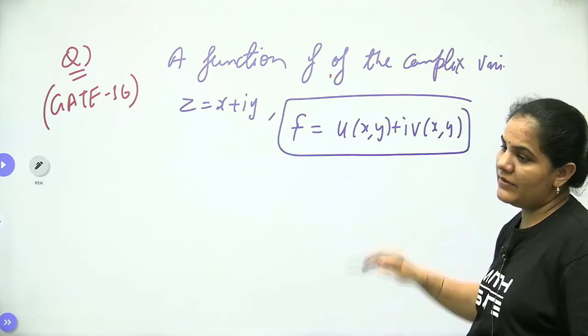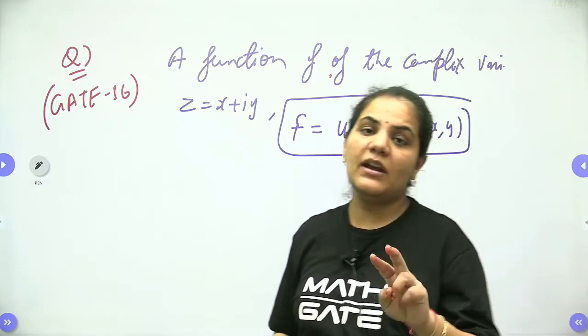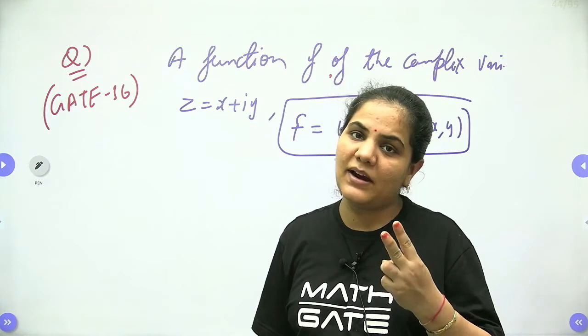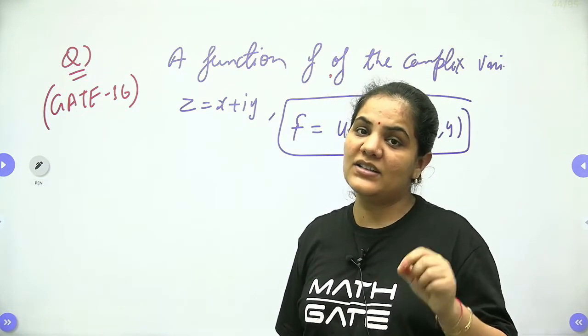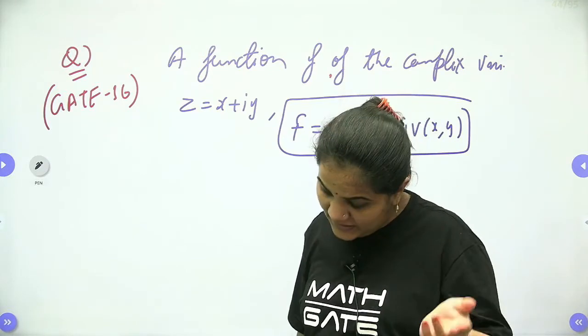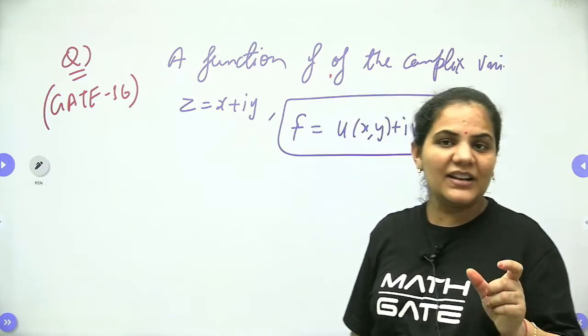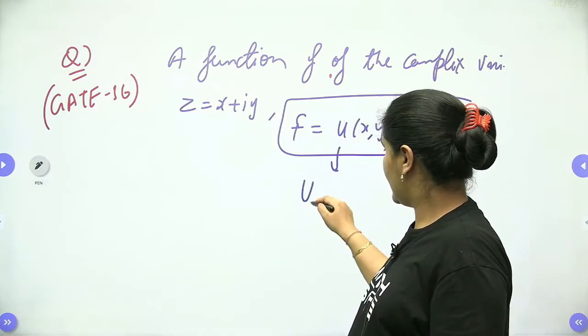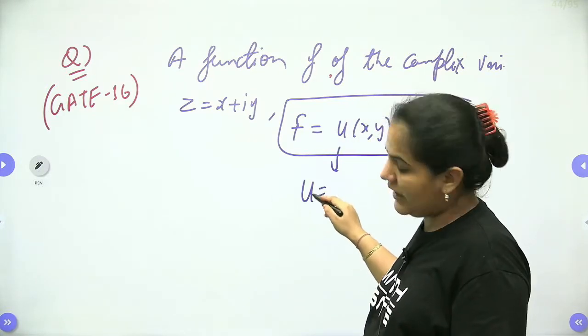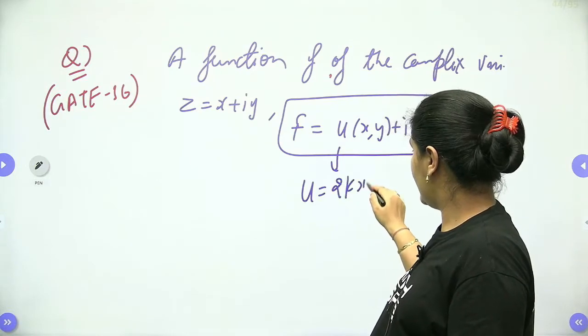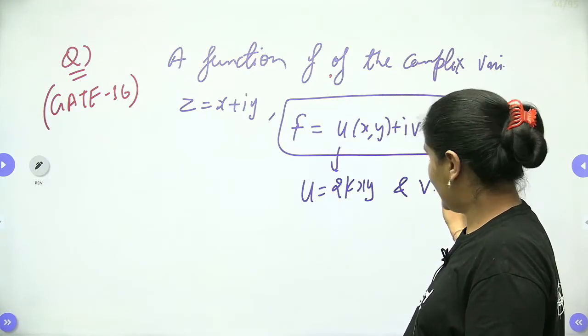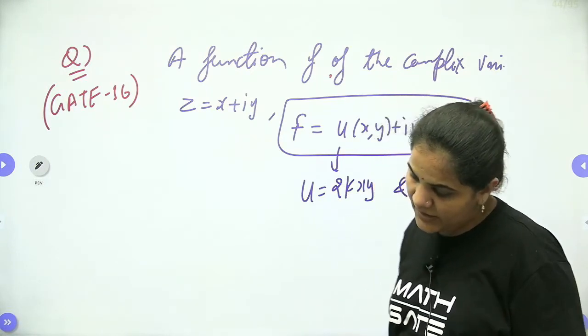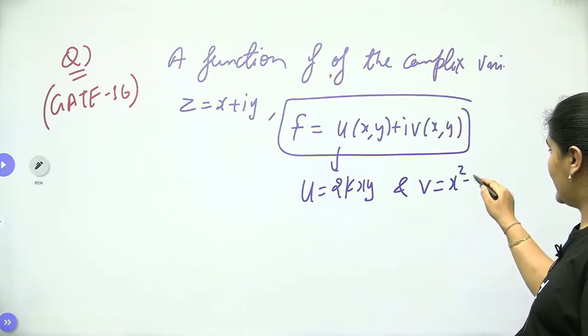So we have two parts, the real part and the imaginary part. The real part u is equal to 2kxy, and the imaginary part v is equal to x square minus y square.